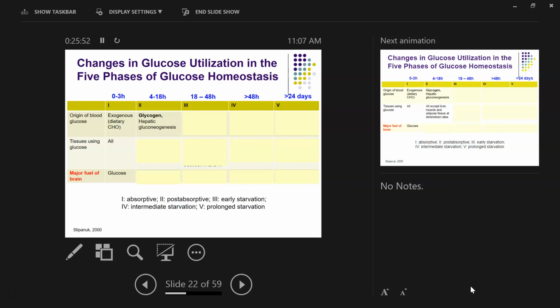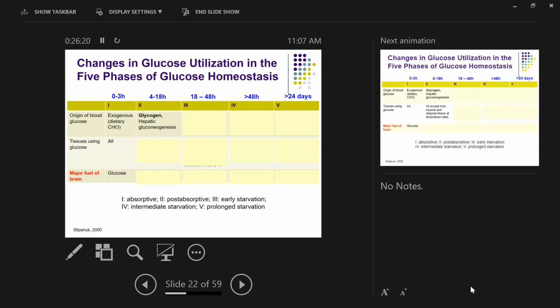During this stage, glycogen is a major source of glucose, but our body also started making glucose through gluconeogenesis, although it contributes less, right? So both glycogen and gluconeogenesis, but glycogen is more important than gluconeogenesis during phase 2, right?